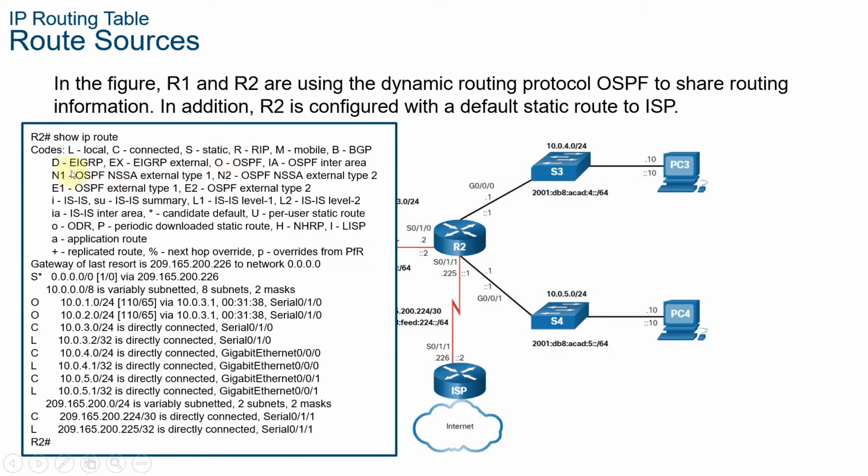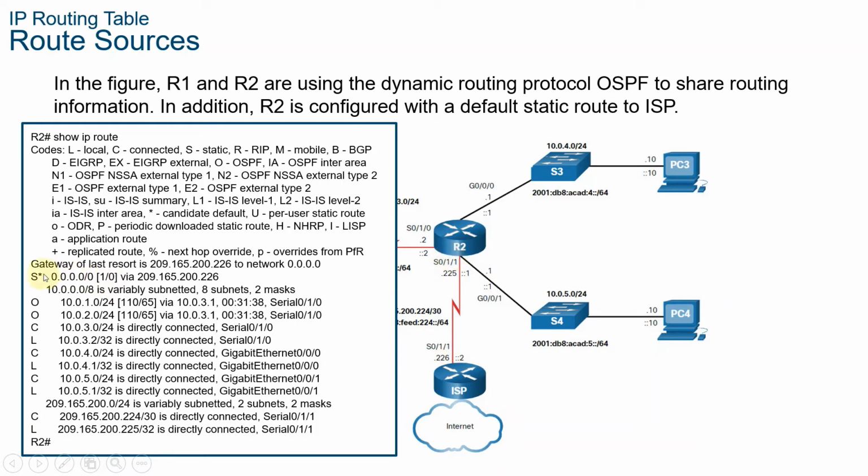Next, on R2, now evaluating R2 here, we have 1, 2, 3, 4. So we have 4 directly connected networks. Usually, the number of directly connected networks is also the number of Ls you have there, so 1, 2, 3, 4, because these are the IP addresses configured on the interfaces.